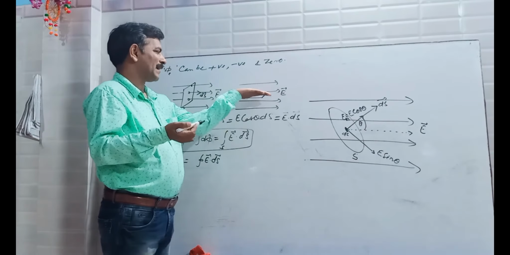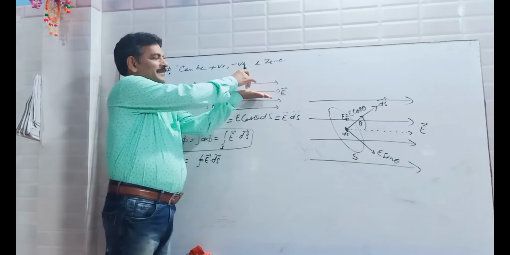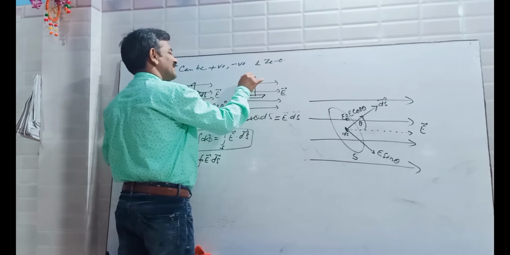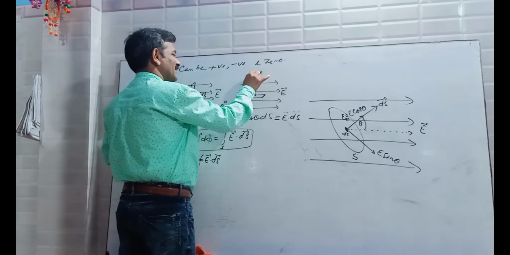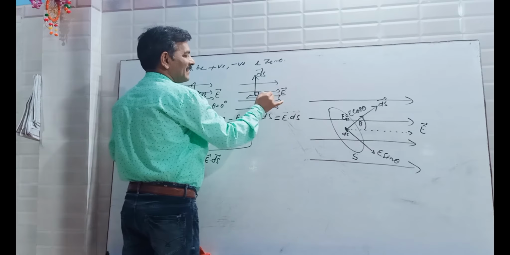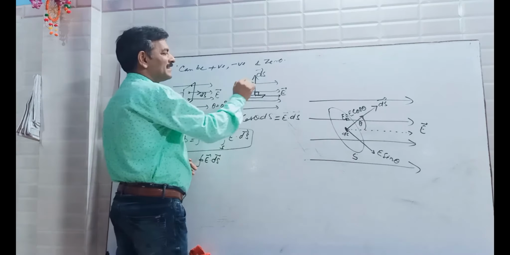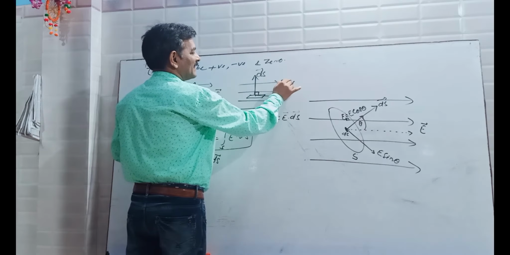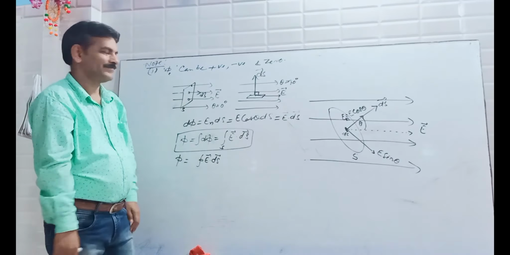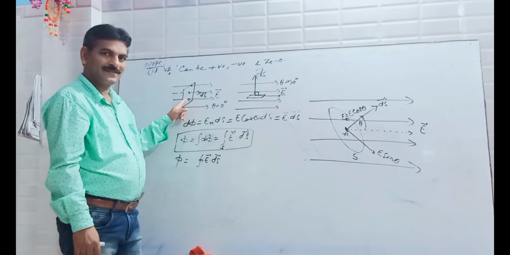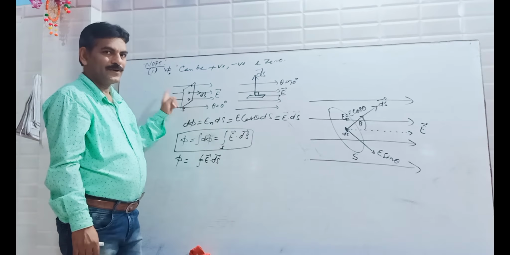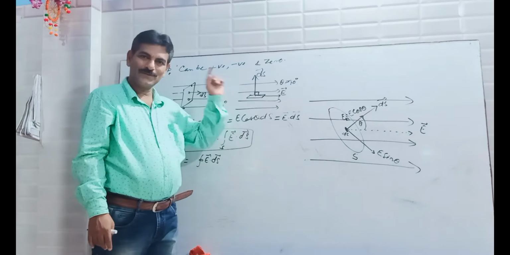Just like my palm is like this, and the area vector is perpendicular to the electric field. So this is your area vector, this is the electric field. So what is the angle? 90 degree. So in this case theta is 90 degree. So electric flux will be A ds cos 90, which is 0. This one is positive, and this one is 0.